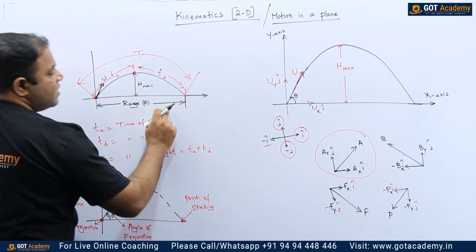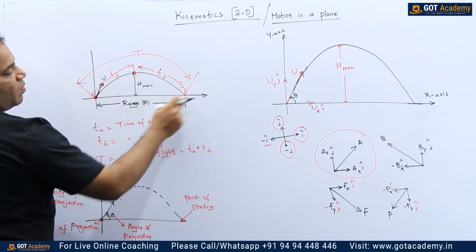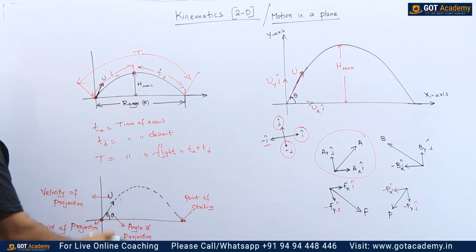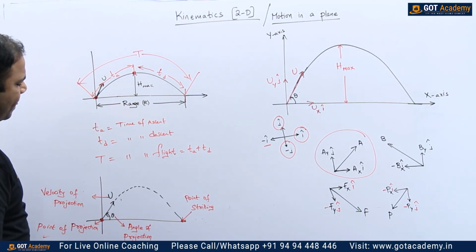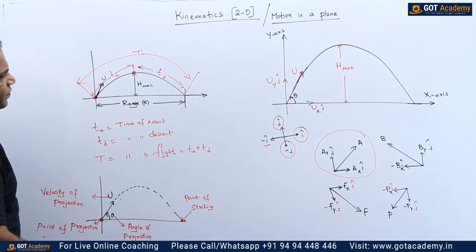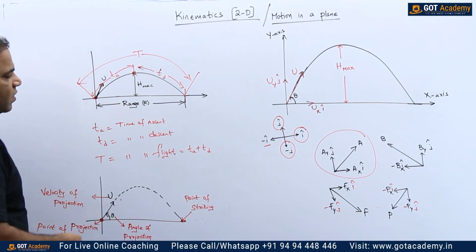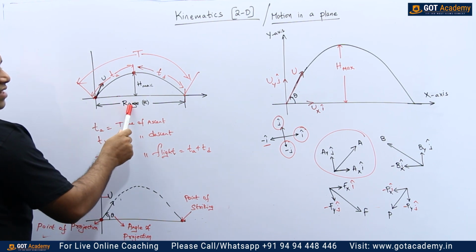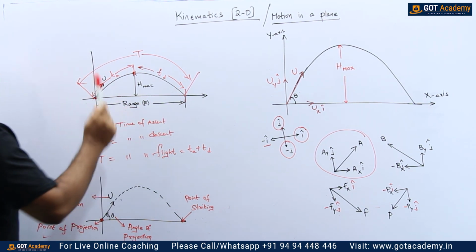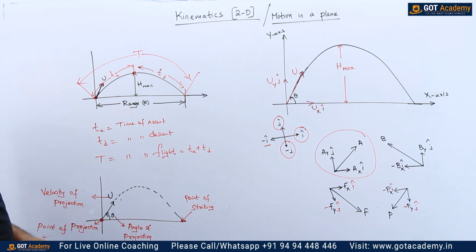The horizontal distance that we consider for this parabolic motion is known as range. Understood, na?